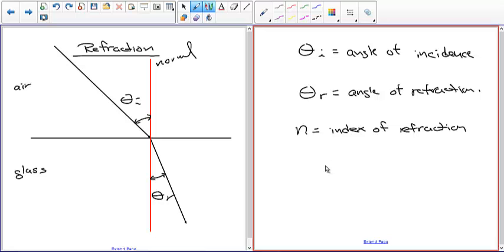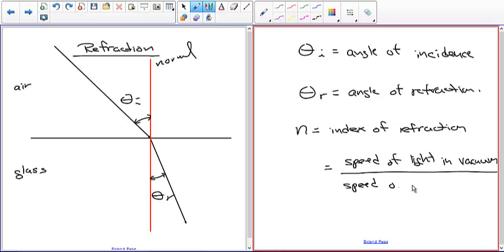The index of refraction is the speed of light in a vacuum, which is the maximum it can attain, divided by the speed of light in a substance. The speed of light in anything other than a vacuum is less than in a vacuum, so N is always greater than or equal to 1. In a vacuum, it's equal to 1.